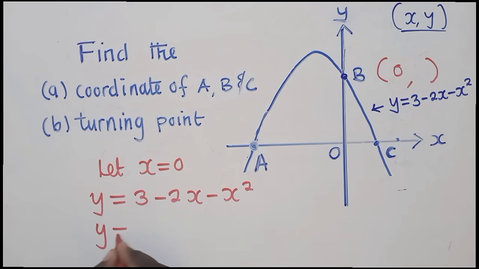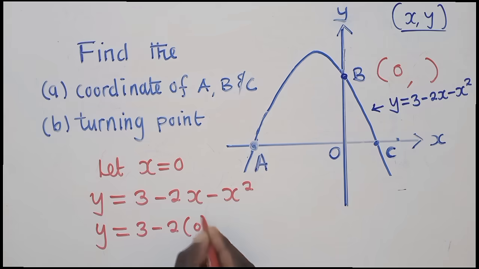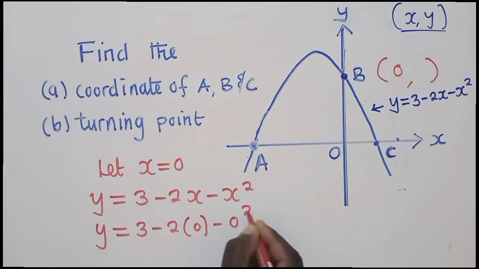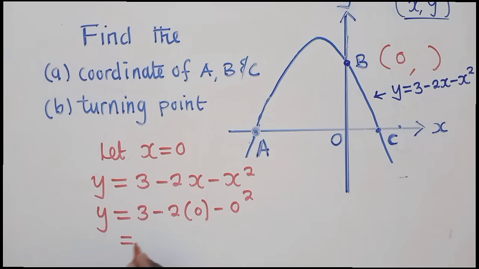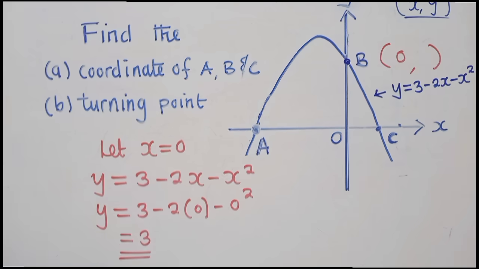We are solving for y. So we shall have 3 minus 2 times 0, minus 0 power 2, which will just give us a 3, because 2 times 0 is 0. So minus 0 minus 0, it will just be 0.